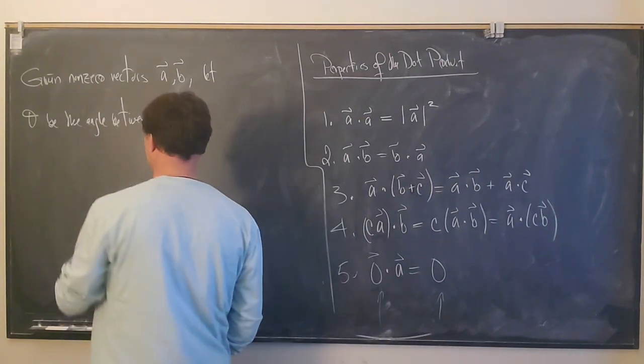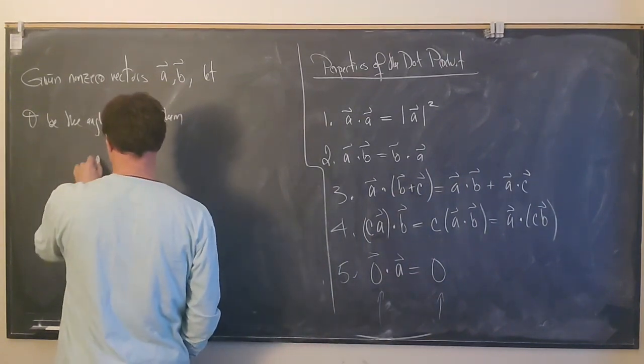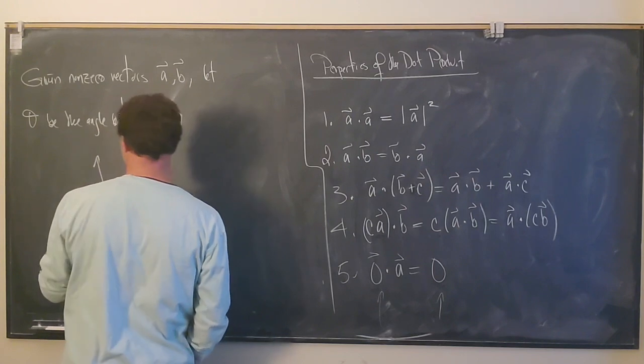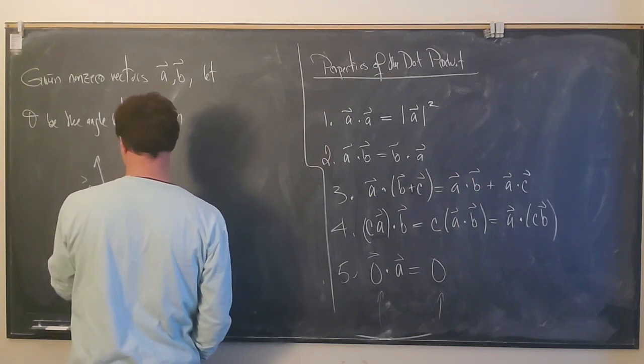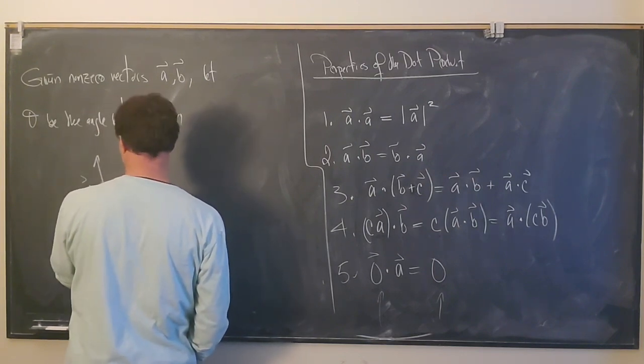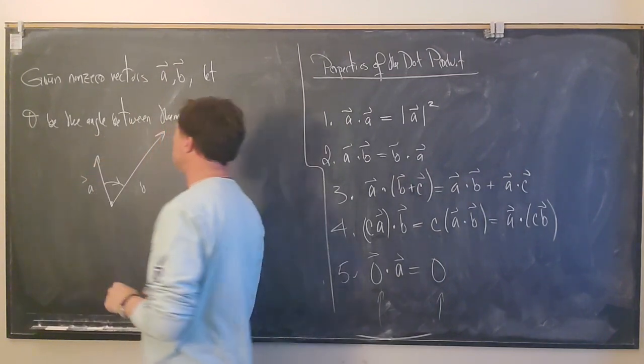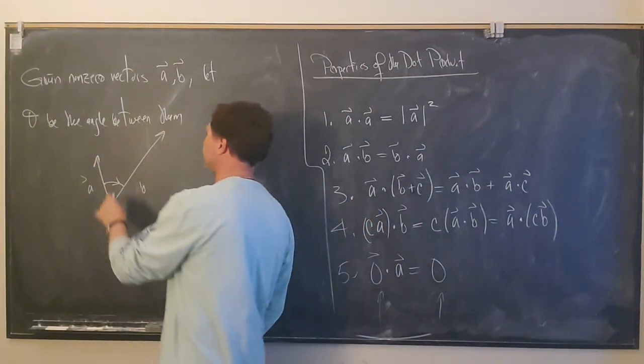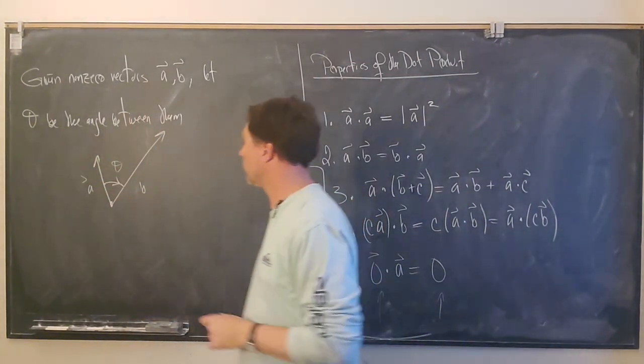You take your vectors, there's a and there's b, and then you can measure the angle between the two vectors. Call that angle theta.